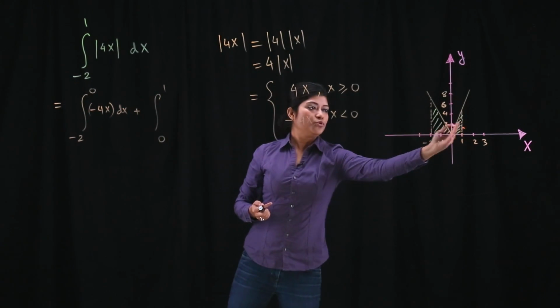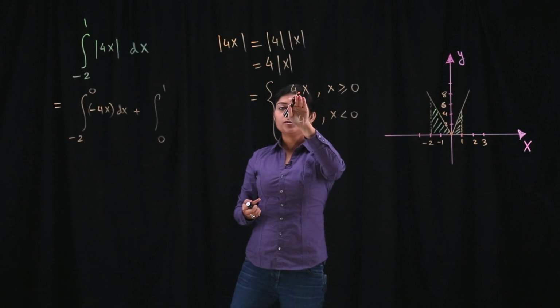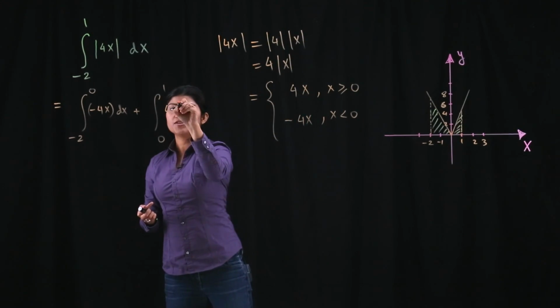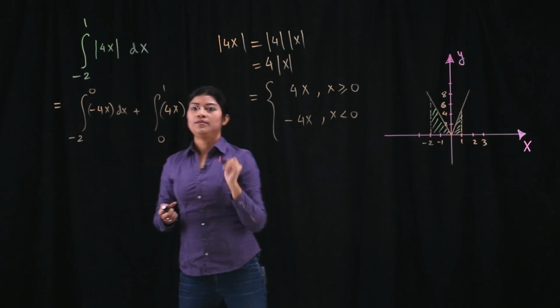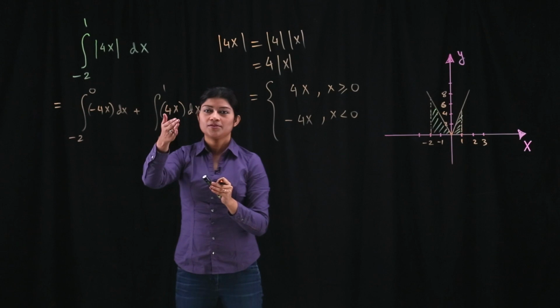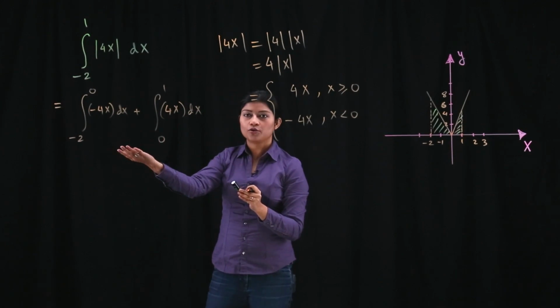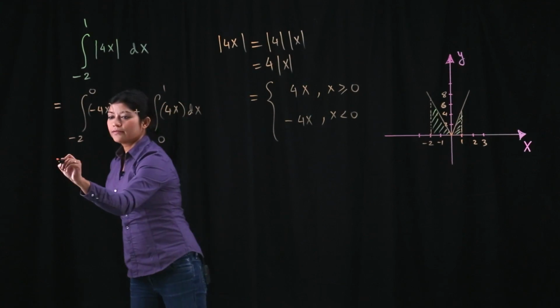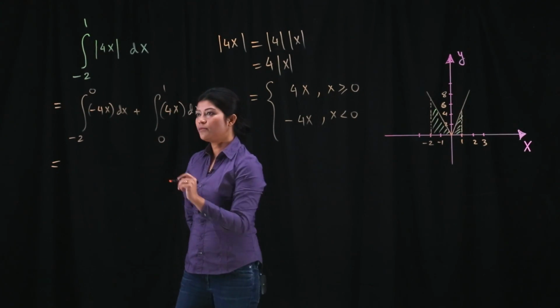And from 0 to 1 is when x is positive, so the line is just 4x, positive. So notice, now we don't have absolute value, and we can just apply the power rule to figure out the antiderivative.